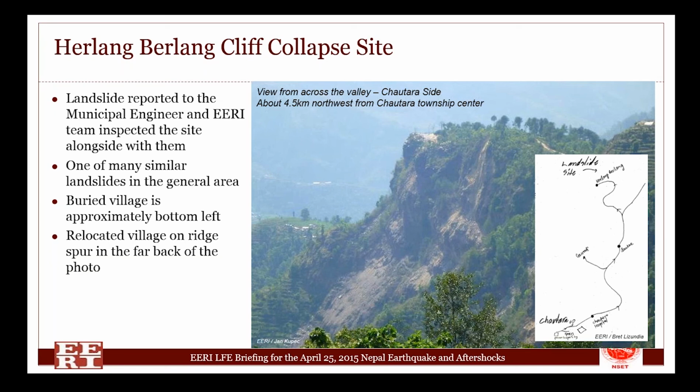The main picture shows a view from across the valley using a telephoto lens. We were informed by the municipal engineer that the landslide buried a village, and in the central area of the picture one sees remnants of the village itself, and the relocated temporary villages on the far left-hand side of the picture, located on the ridge spur itself.